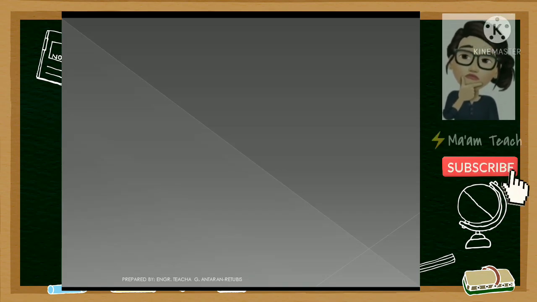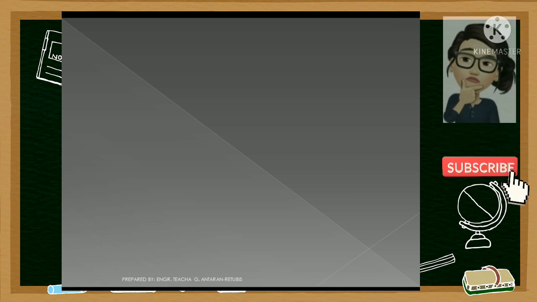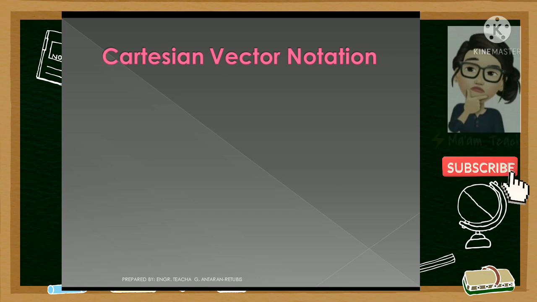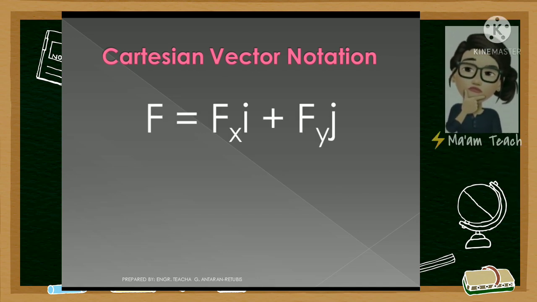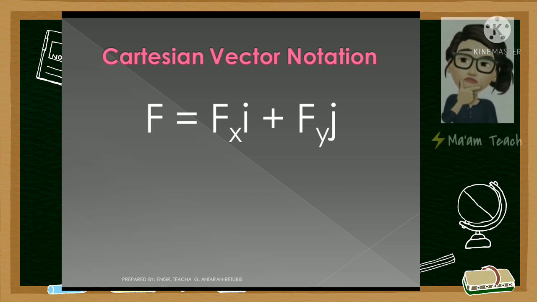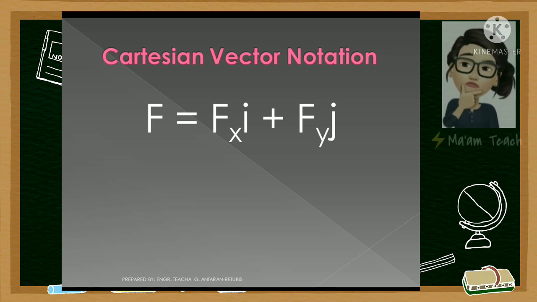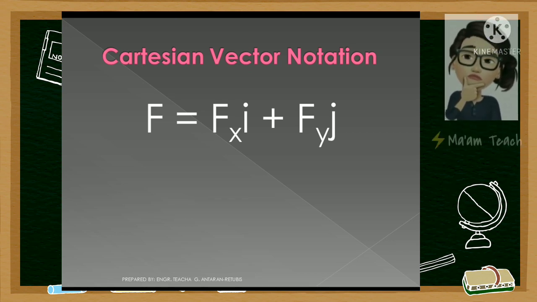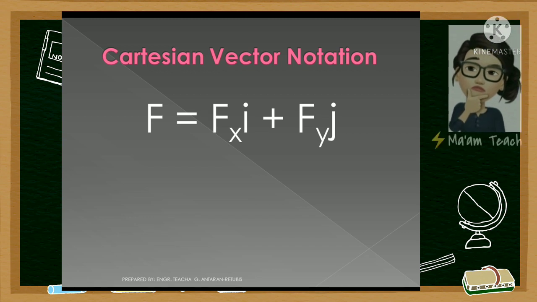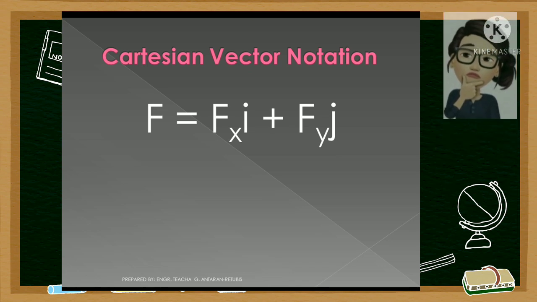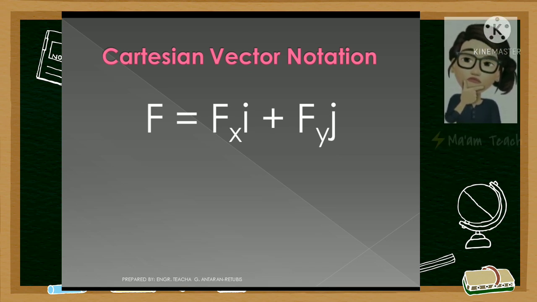Another way on how we could express these rectangular components, class, is by Cartesian vector notation. In this type of notation, we will be using this format where your x component will be multiplied by i, and your y component will be multiplied by j. If you could recall, class, in your physics, this i, j, and there's another which is the k, these are called the unit vectors. And this represents the direction. Recall that a force has both magnitude and direction.